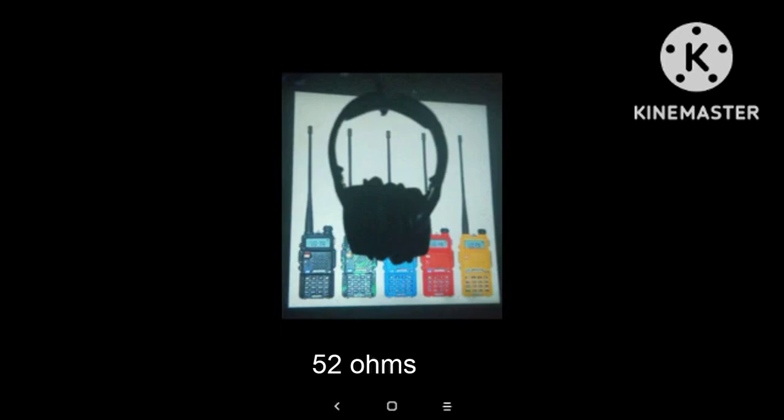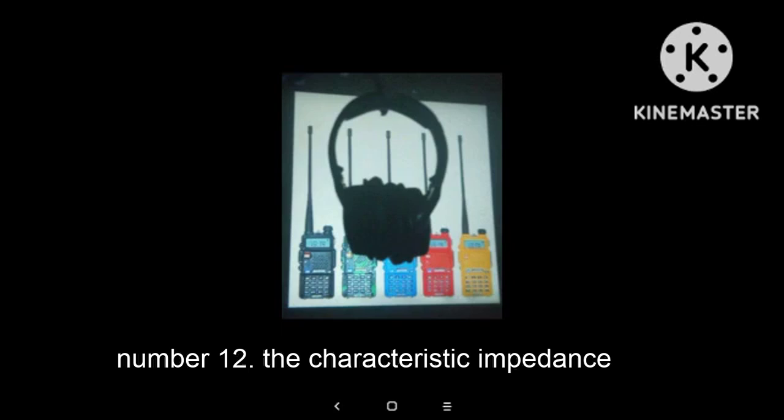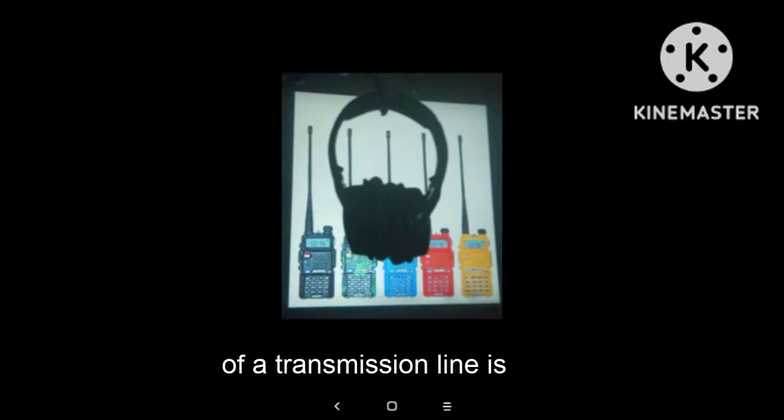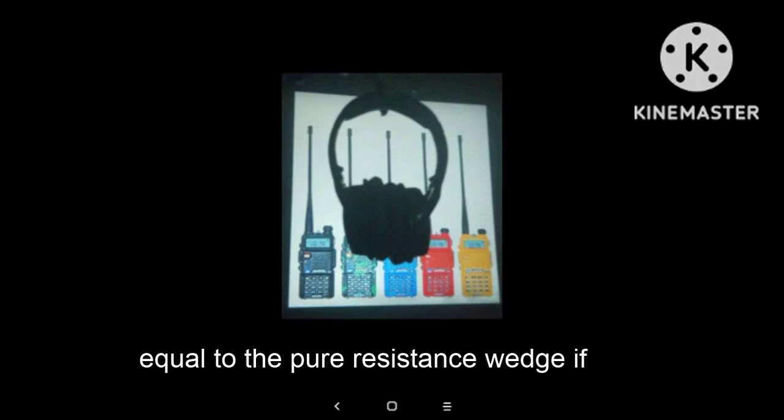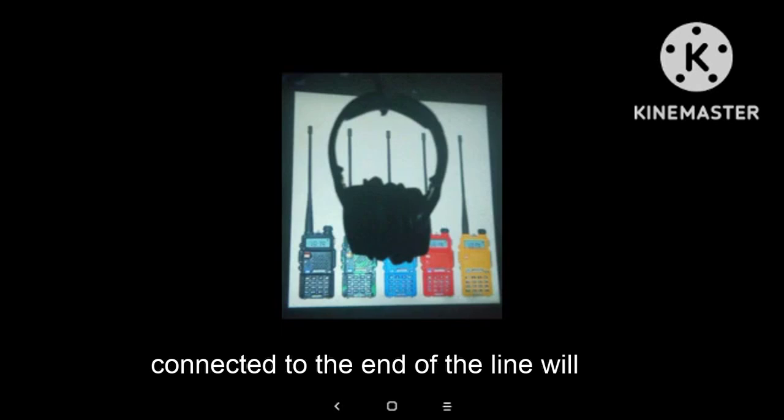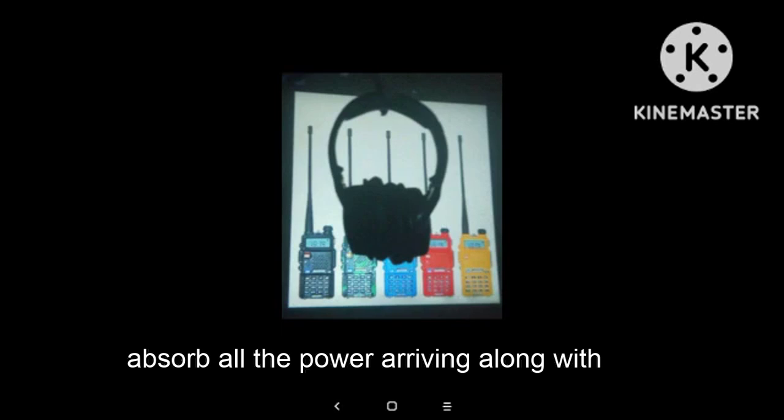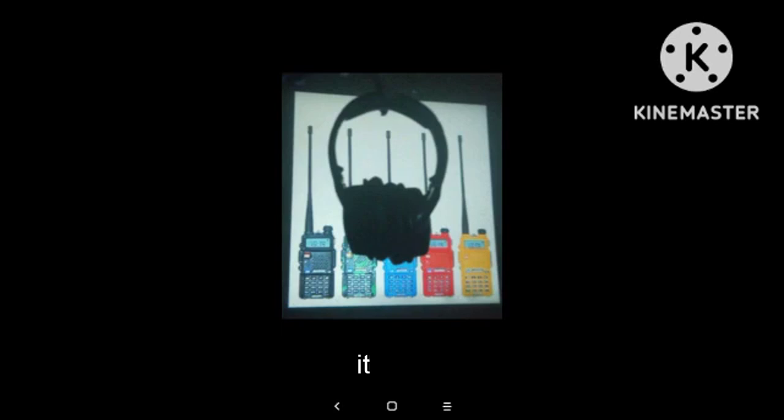52 ohms. Number 12. The characteristic impedance of a transmission line is equal to the pure resistance which, if connected to the end of the line, will absorb all the power arriving along with it. Number 13.